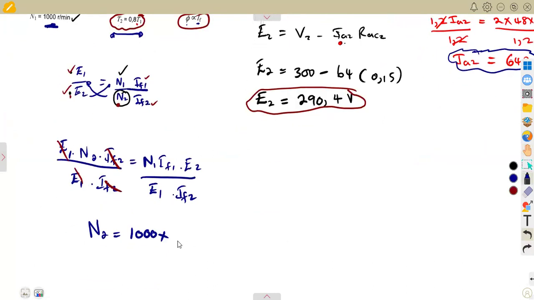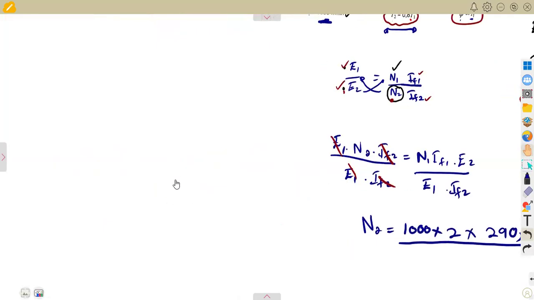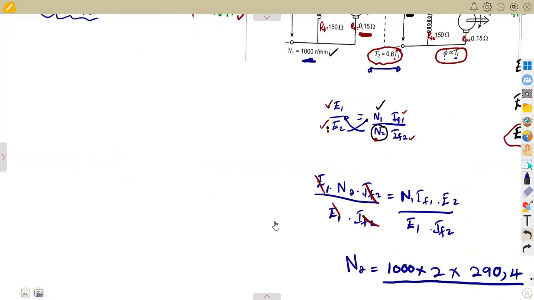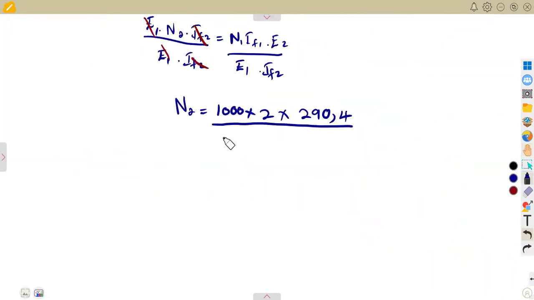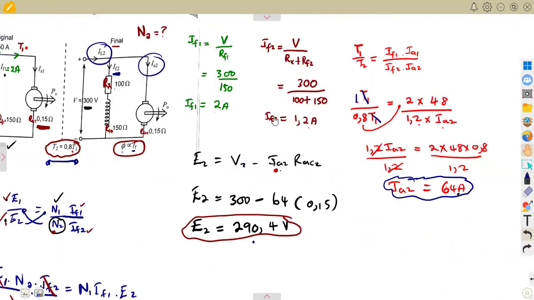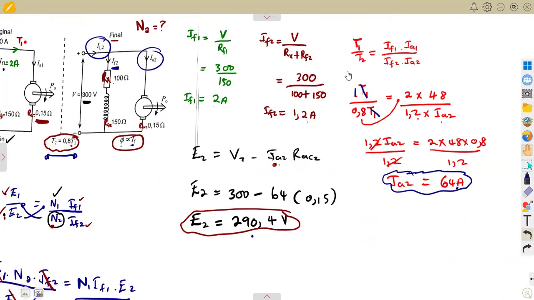So that is 2 amps times E2, which is the generated EMF of the final. And also E1, which we calculated, if you still remember, 292,8. And the field current 2, we also calculated, is 1,2 amps.